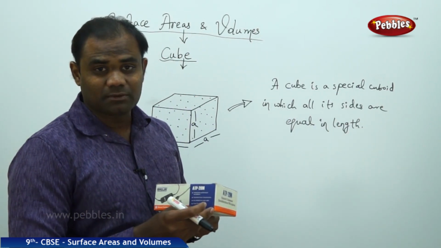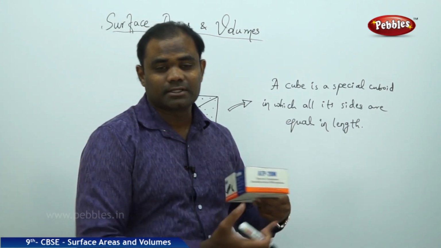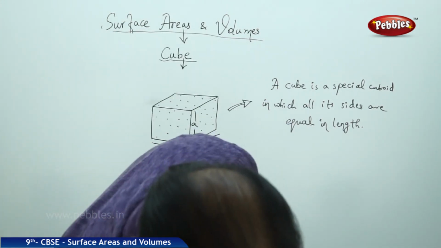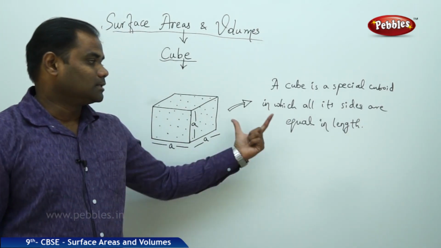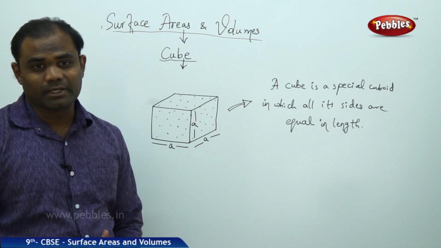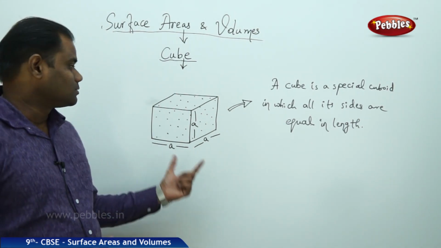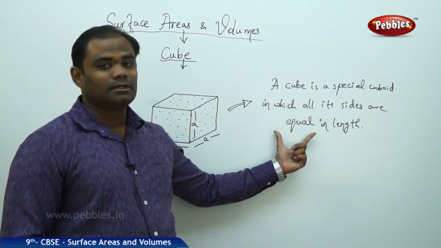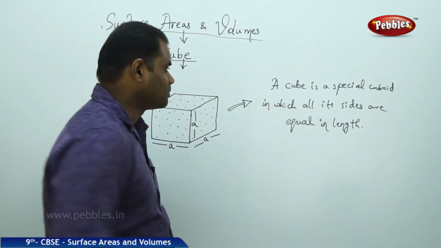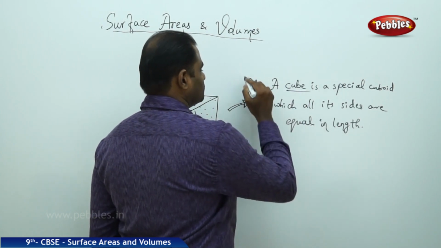This length must be equal to this length, must be equal to this length. All its lengths must be equal. Only then we call the given cuboid a cube. A Rubik's cube is one example. We all know what a Rubik's cube is. So such a solid figure is given the name cube.